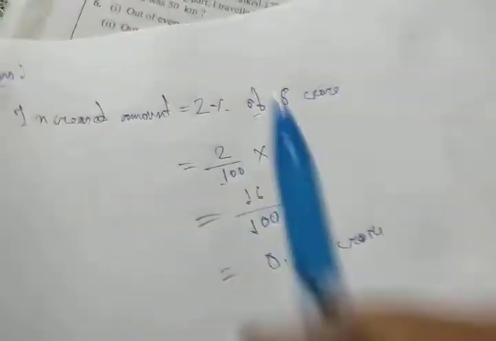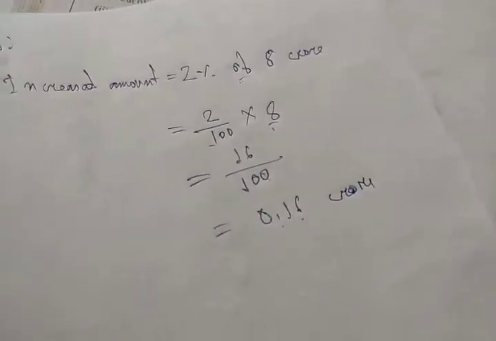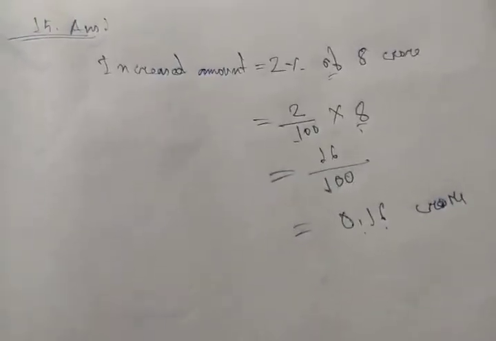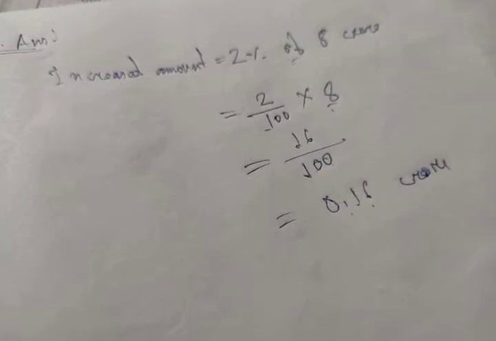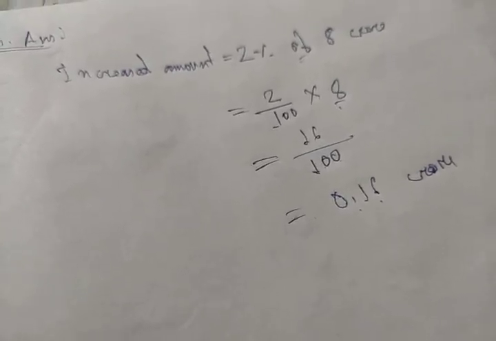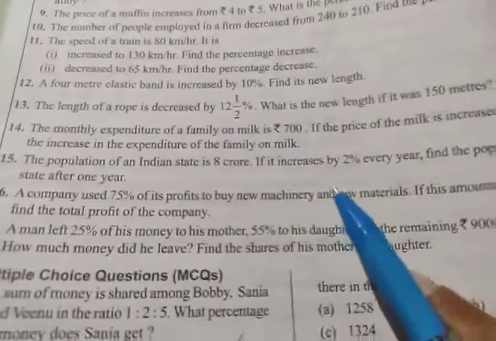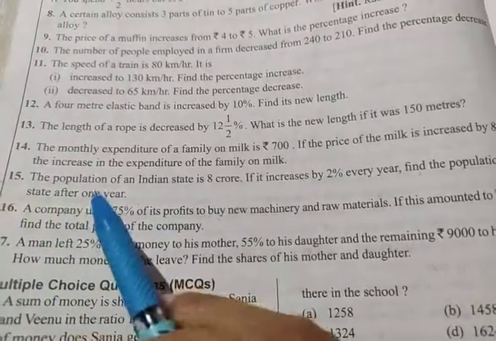That means in 1 year 0.16 crore population increased. Every year 2% of 8 crore is increased. That means 0.16 crore increase every year. Now see the question. What is asked? Find the population of the state after 1 year.